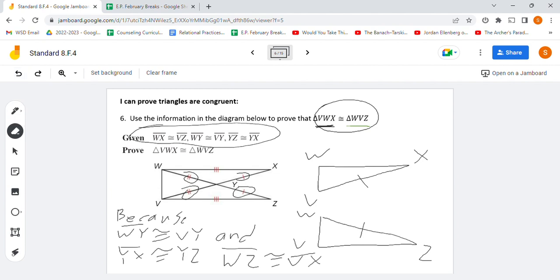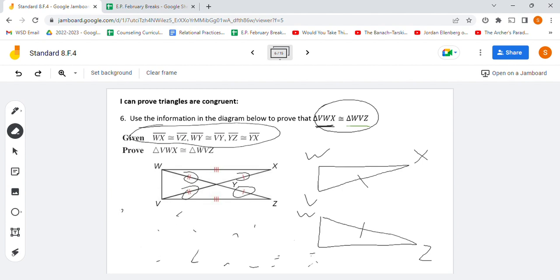We can also see that the sides on the top and the bottom are congruent to each other because it's marked. So we have this bottom side and this top side. That gives us WX here is congruent to VZ, and that was just given to us. If we had this third pair of sides congruent, then we have the side-side-side congruence theorem.